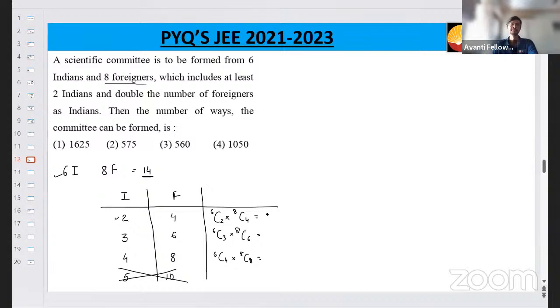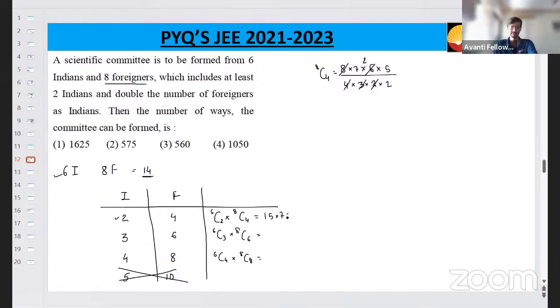So what is 6C2? Let's calculate here. 6C2 is 15, right? 8C4 is 8 into 7 into 6 into 5 upon 4, 3, 2, 1. So 4 2s are 8, 3 2s are 6, 5 2s are 10, 7 is 70.